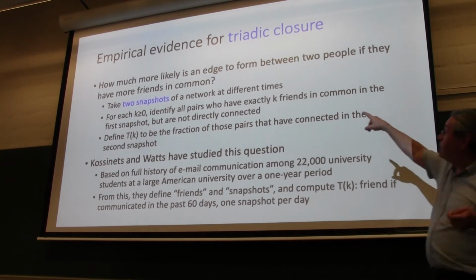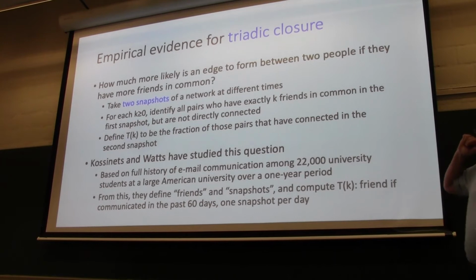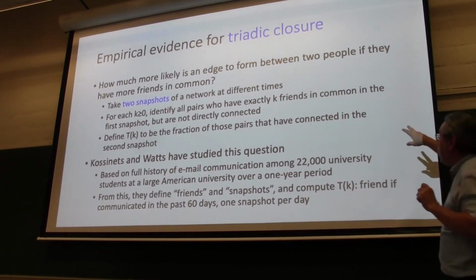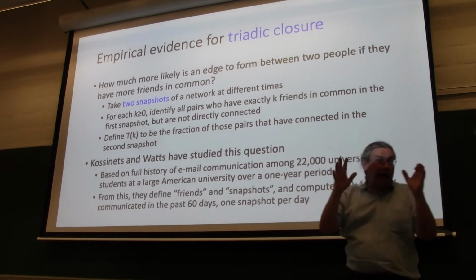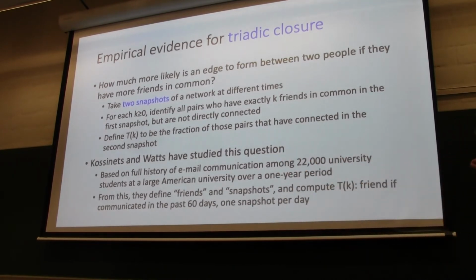Well, you take two snapshots of the network at different times, and for each number k, you identify all the pairs who have exactly k friends in common in the first snapshot, but they're not friends. That's just a graph computation. And in the second snapshot, you can check to see whether they become friends or not.